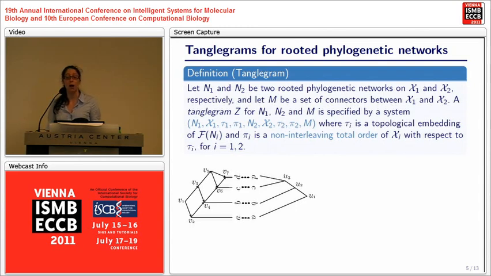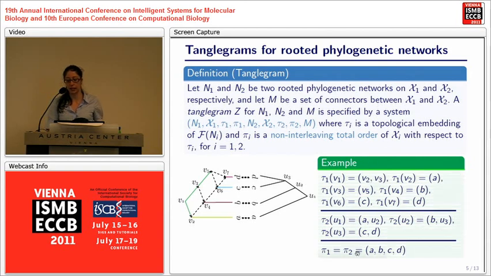And what I want to give you, and this is the definition of tanglegrams, is a topological embedding for the two forests, F_N1, which come from the first network N1, and F_N2, which come from the second network N2, and two non-interleaving total orderings: pi 1 of X1 with respect to the topological embedding tau 1 from F_N1, and pi 2 with respect to the topological embedding tau 2. So this is the way that we normally give a tanglegram.